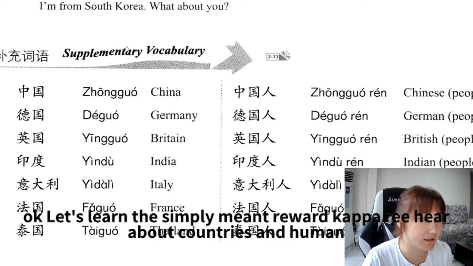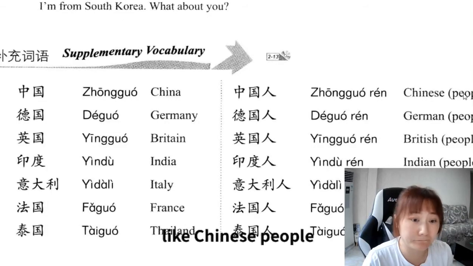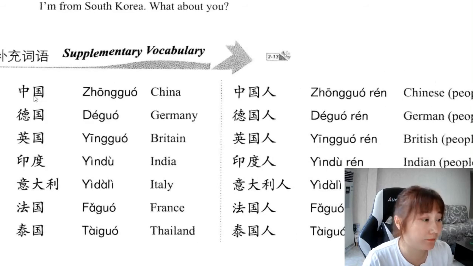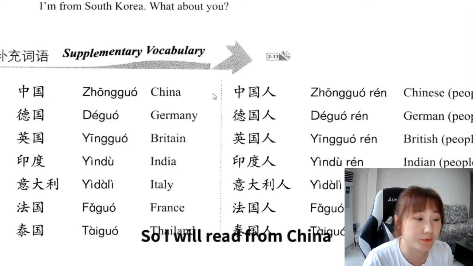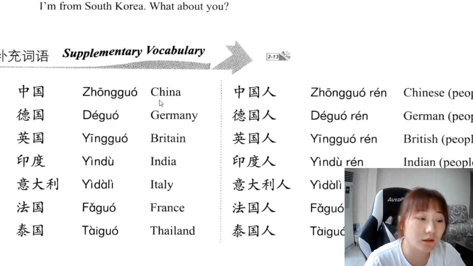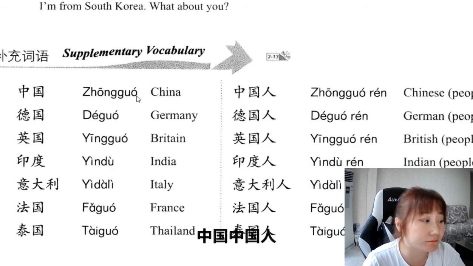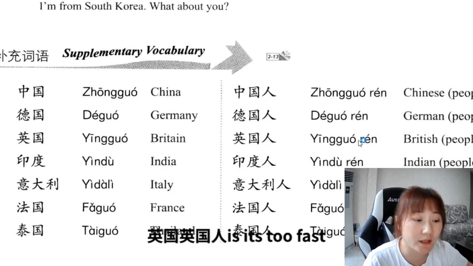Okay, let's learn the supplementary vocabulary here about countries and people, like Chinese people, German people. So I will read from China. 中国，中国人，德国，德国人，英国，英国人。Is it too fast?